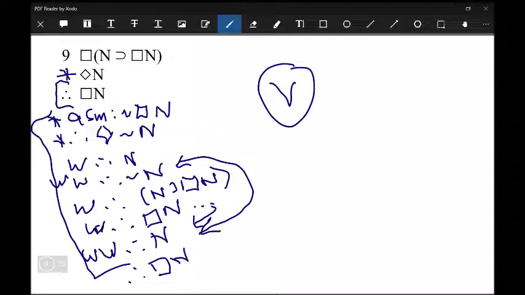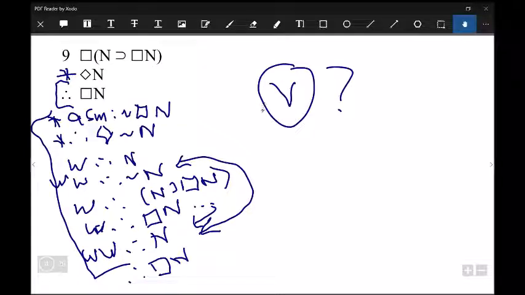But let's put a question mark, because this step here, where you go from necessary n in a world W to n in a world WW, some systems would not accept. I noted that there's differences of opinion when you have one modal operator within the other.